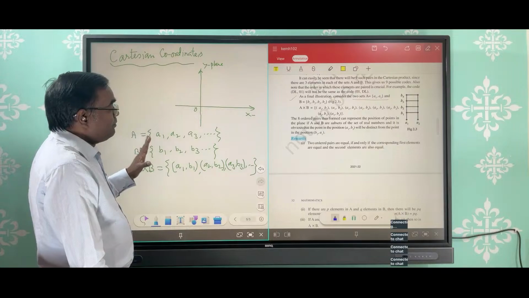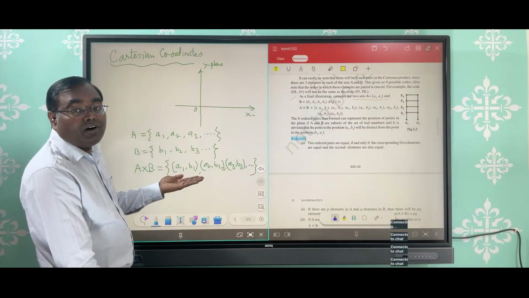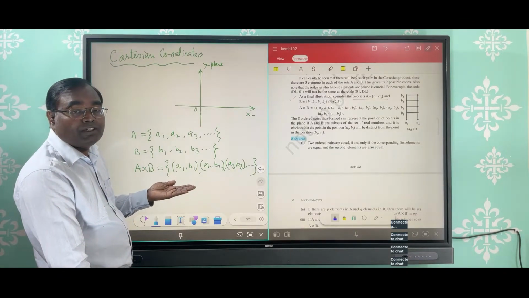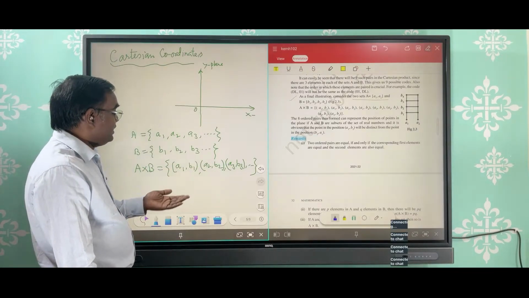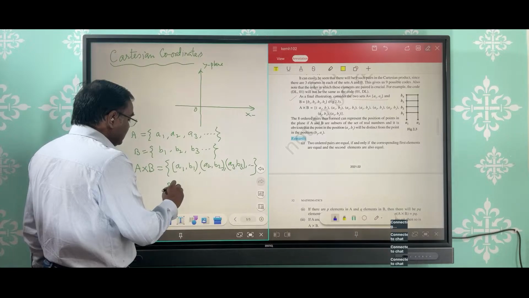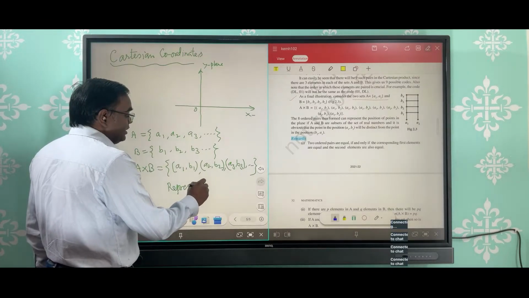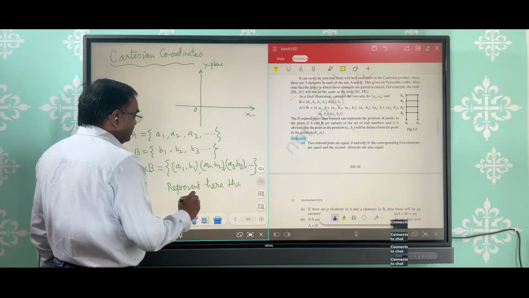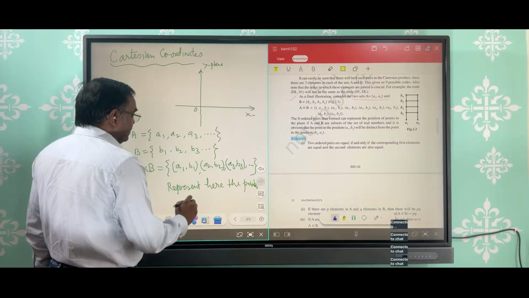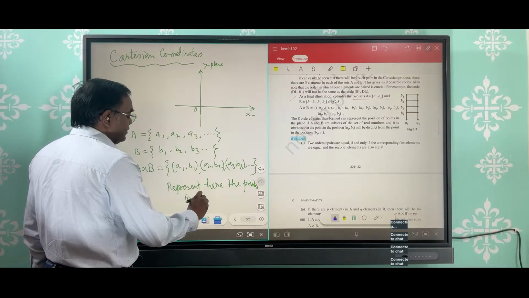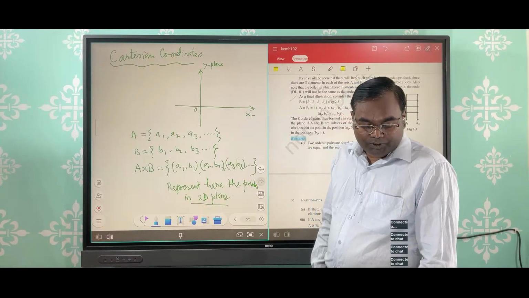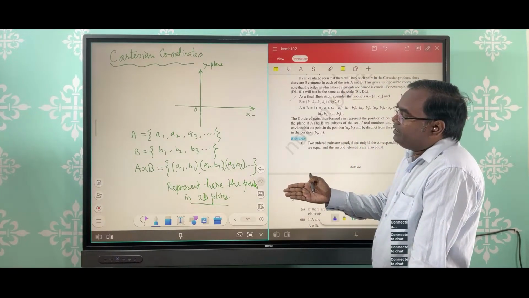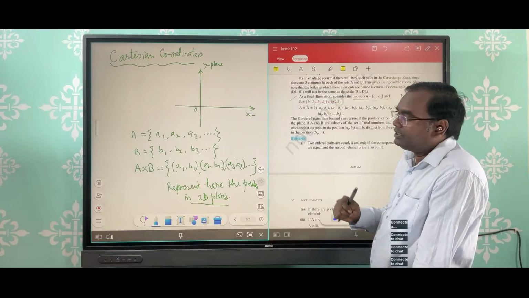With the help of Cartesian products, we get the set of ordered pairs, and their order is very important. They represent the points in a 2D plane.